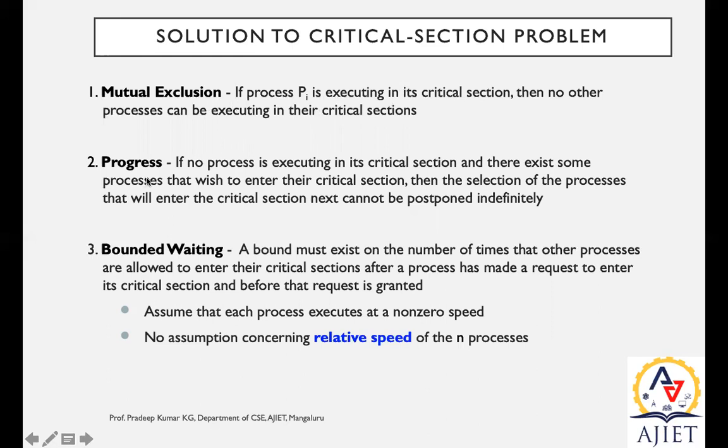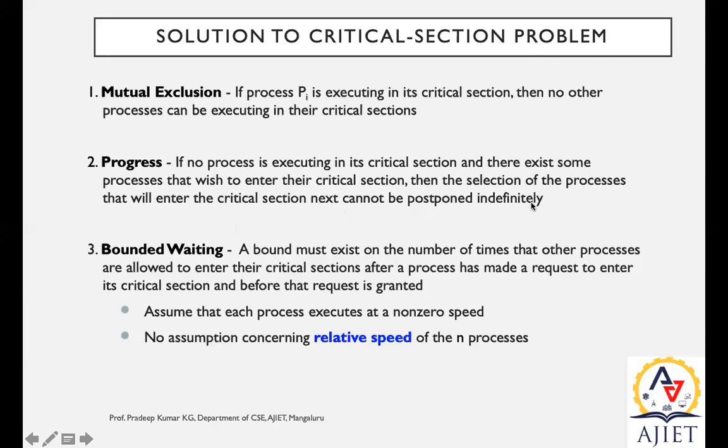The second part is progress. If no process is executing in its critical section and there exist some processes that wish to enter their critical section, then the selection of the process that will enter the critical section next cannot be postponed indefinitely.